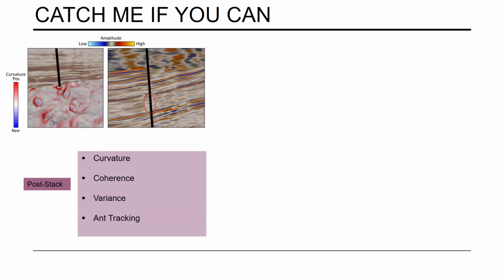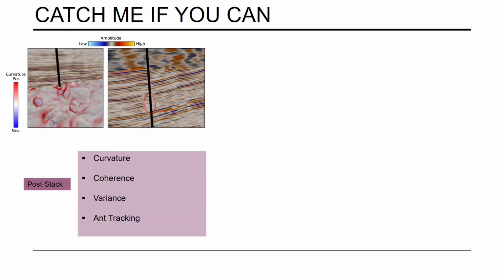In this image at the extreme left, you can see there are red and blue. If you look at the color scale, the high red is positive curvature, and the blue is negative curvature. For more understanding, the black line is nothing else but the well track.